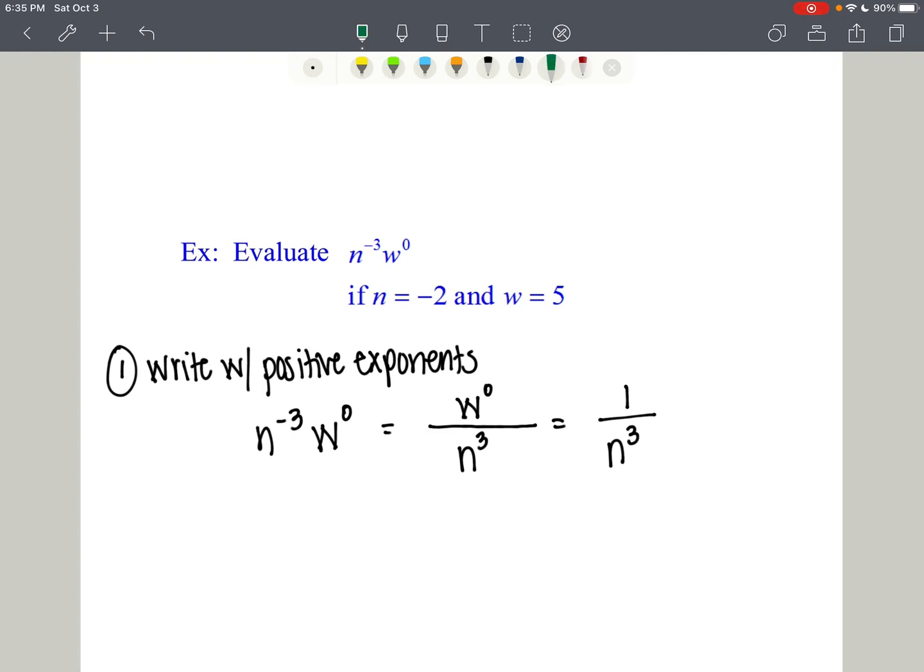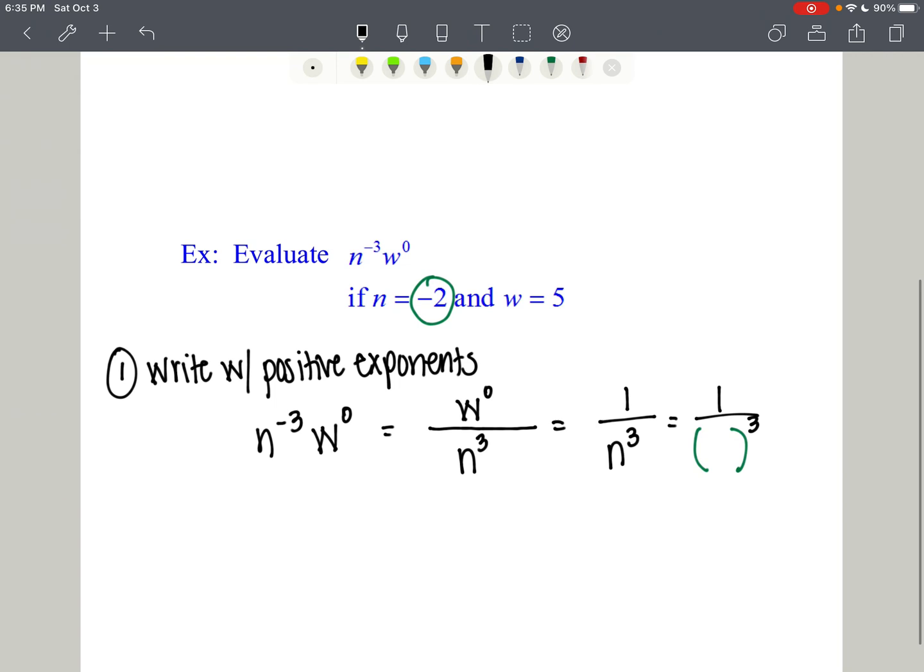Now, in place of n, we can put negative 2. So I'm going to substitute instead of an n, I'm going to put parentheses in its place, raise it to the 3rd power, and I'm going to put negative 2 inside those parentheses.